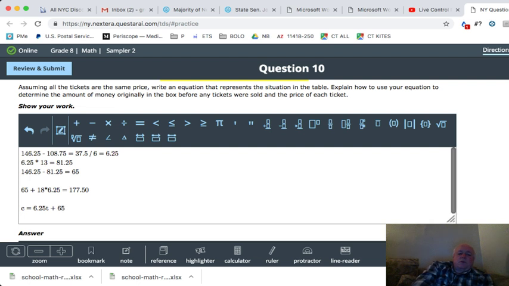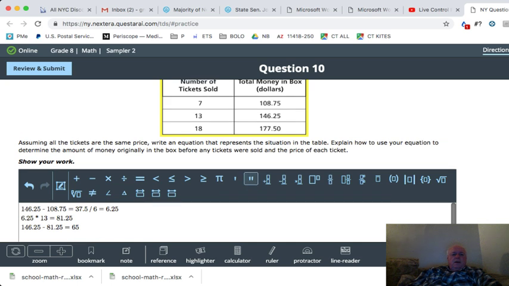So this is really almost the y equals mx plus b situation. In fact, if we plotted it, we could probably see it's a straight line because there's the initial 65, which is our y-intercept. Was it 65 or 60? Yeah, it was 65. Okay.